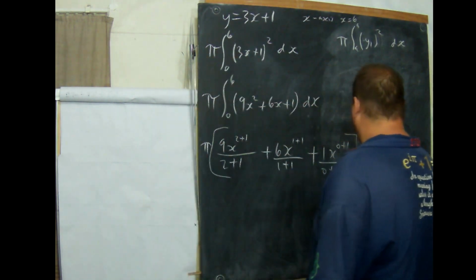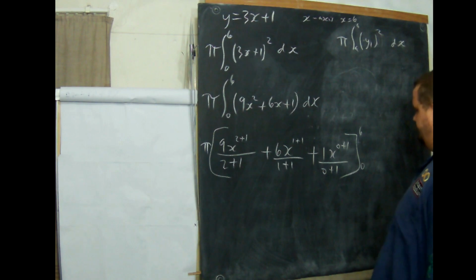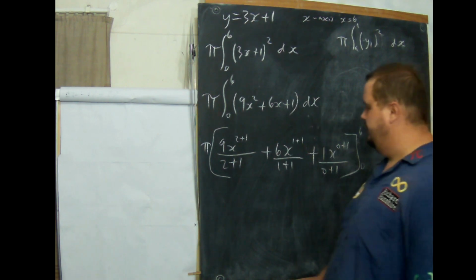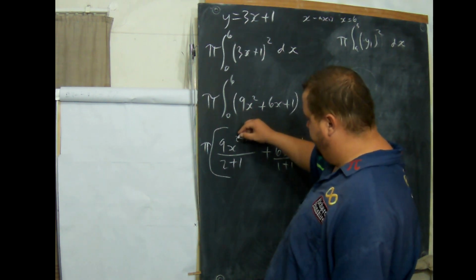Pi, from 0 to 6. So, what we're doing next is 2 plus 1 is 3.